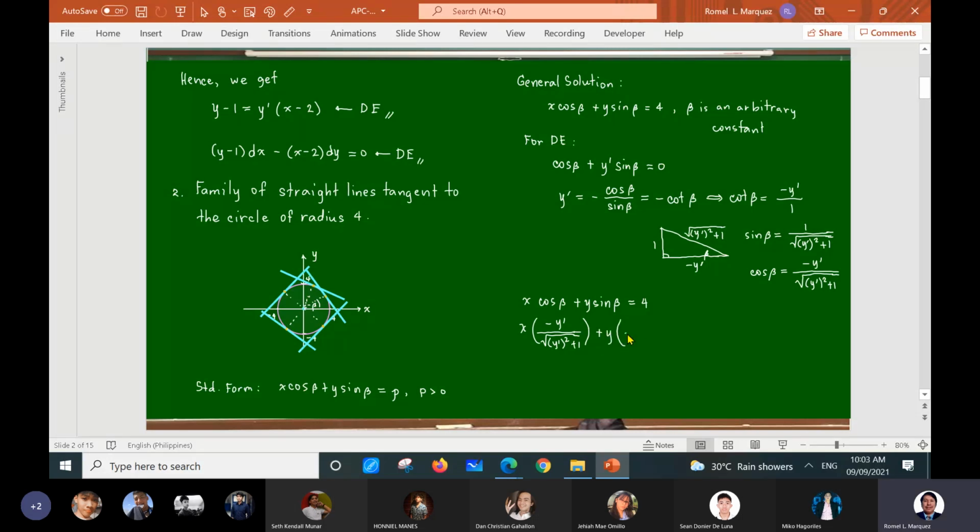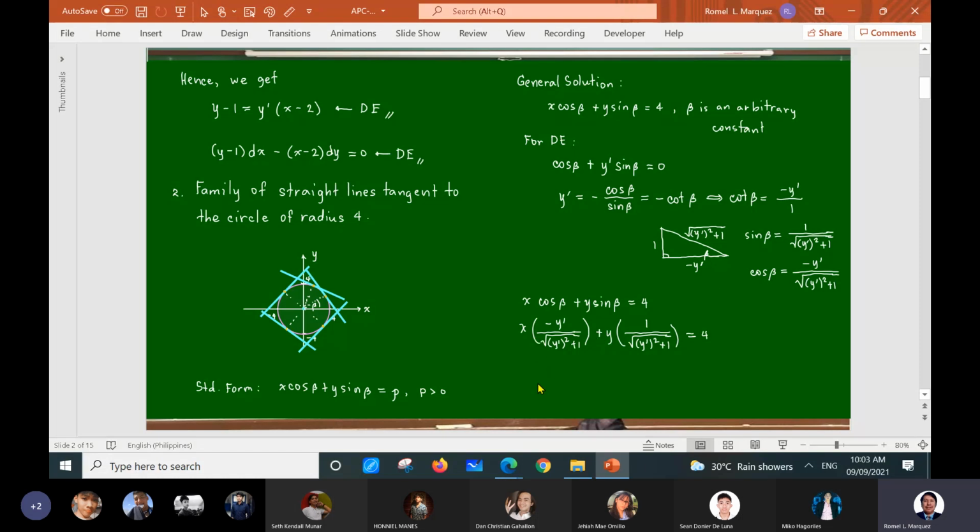Negative 1, 1 over square root of y prime quantity squared plus 1, and this is equal to 4. No more arbitrary constants. All we have to do is simplify.